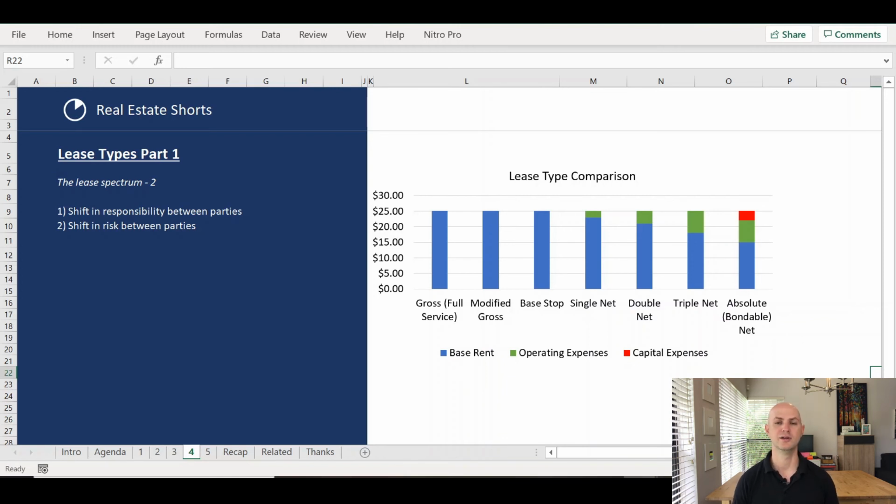So all told, I think being able to shift responsibility is one of the motivations behind choosing one of these lease types versus another. But understanding the spectrum as a whole can give you some context about first what these options are and what that would really mean for one party versus the other.